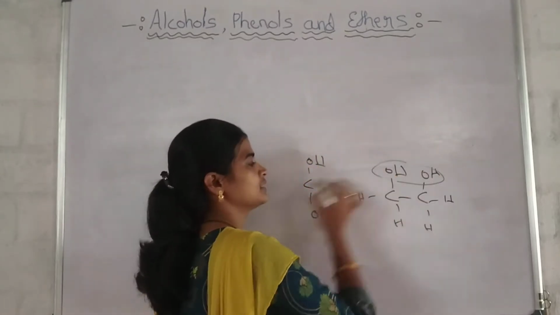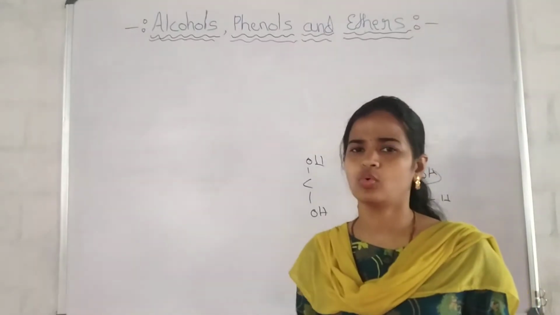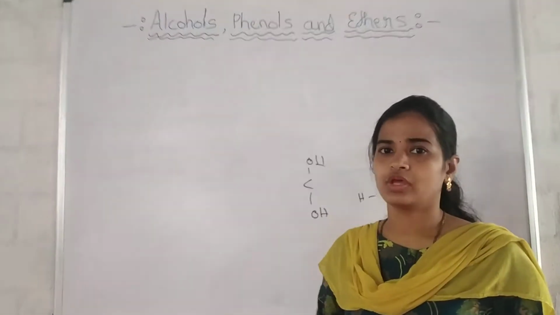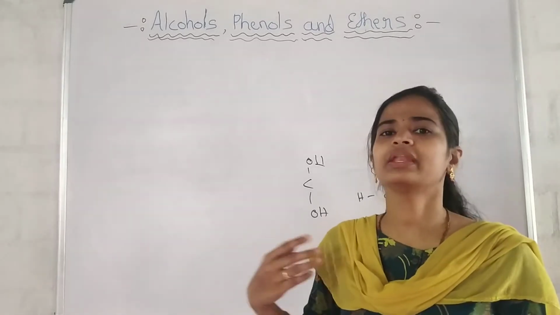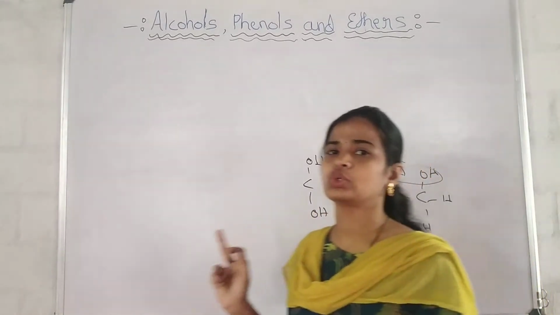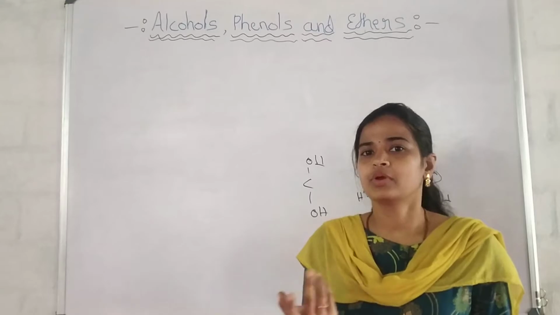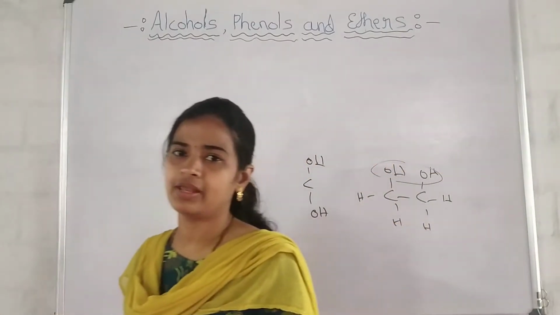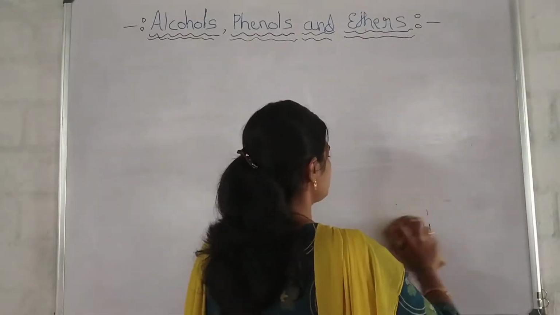There may be 1 OH group, 2 OH groups, or more than 2 OH groups, which we call polyhydric alcohols. There may be a number of OH groups, but remember, no 2 OH groups can attach to a single carbon atom, because that carbon atom is not stable if 2 OH groups are attached to it. Remember.